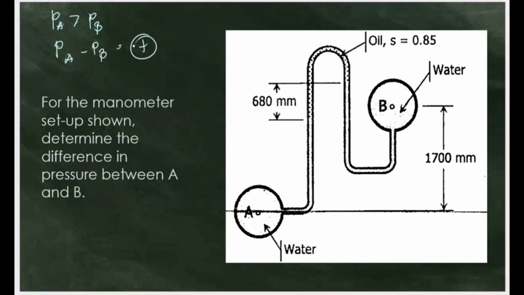Ngayon, kapag naging negative yan, pabaliktad. Dapat P sub A is less than P sub B. So, yon ang assumption na titignan natin. Dapat P sub A minus P sub B is a positive value. Kasi pag negative, pabaliktad. Mas mataas yung P sub B kaysa sa P sub A.